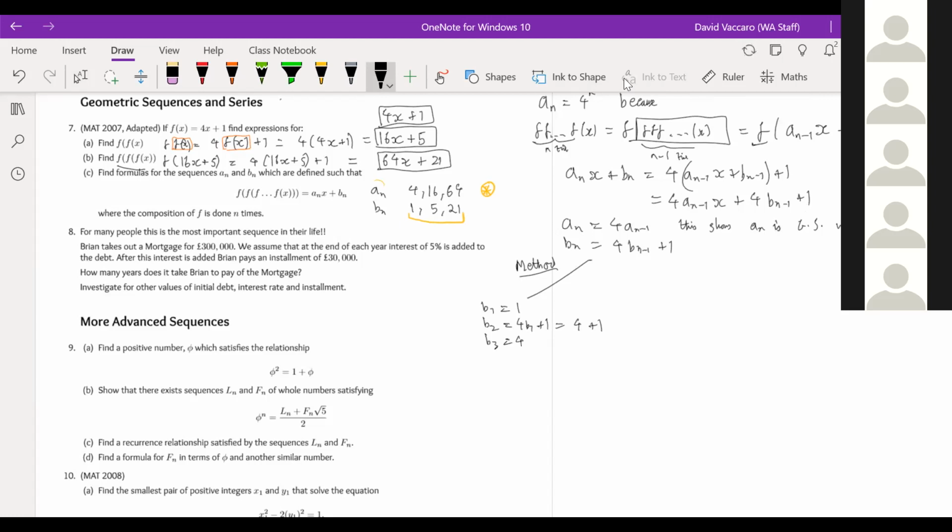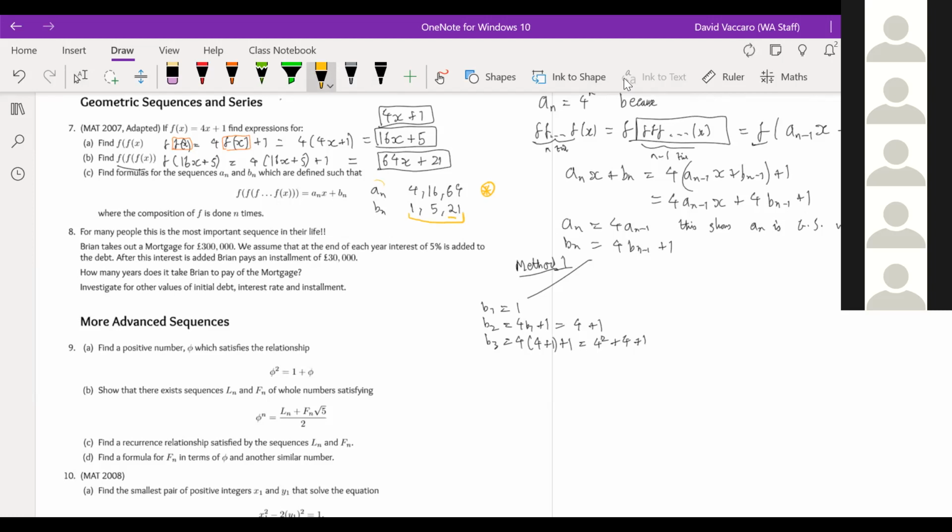b3 is 4 times b2, which is 4 times 4 plus 1, but then plus 1, which is 4 squared plus 4 plus 1. So what I've done in this first method is I've resisted the temptation to actually make the numbers 1, 5, and 21, but instead looked at how these numbers were formed.